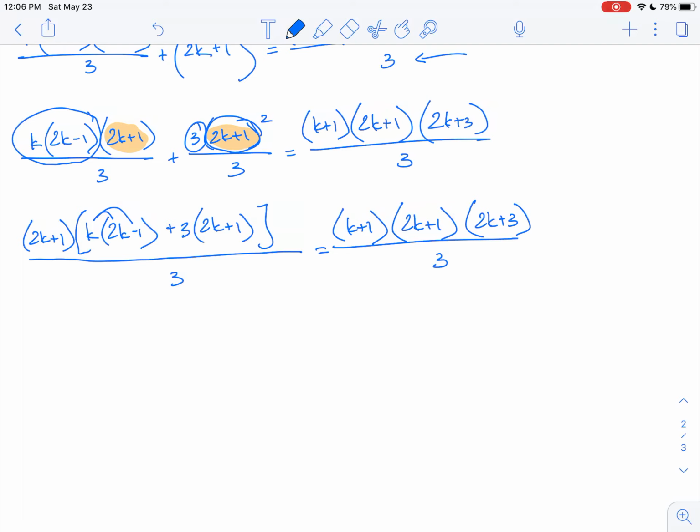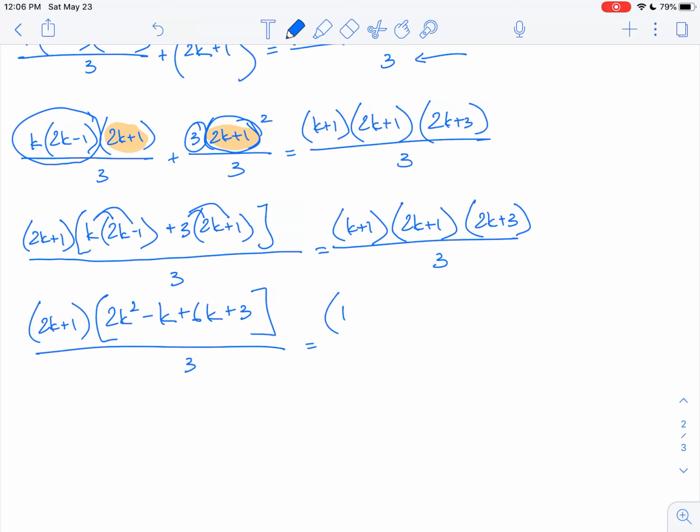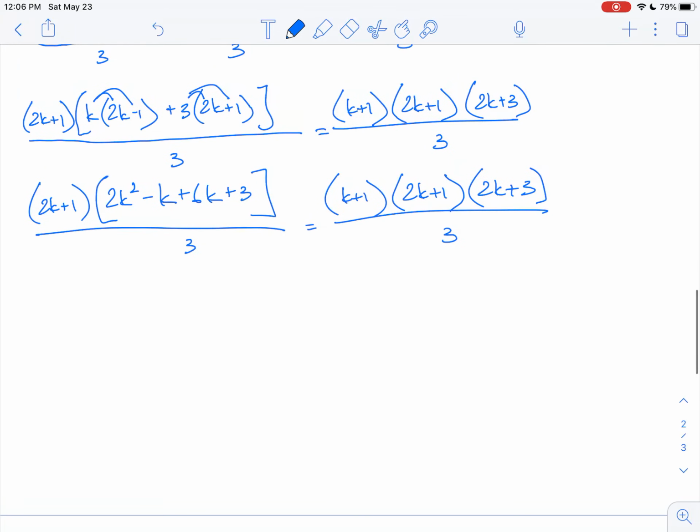All right, well, let's distribute in here, see what we get. So (2k plus 1) times (2k squared minus k plus 6k plus 3) all over 3. I hope that equals (k plus 1) times (2k plus 1) times (2k plus 3) over 3. Ooh, getting close to the end of the page here.